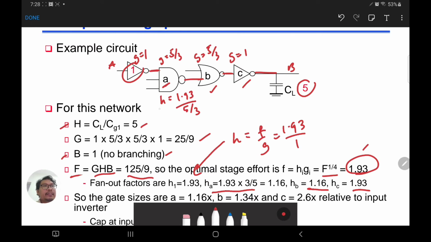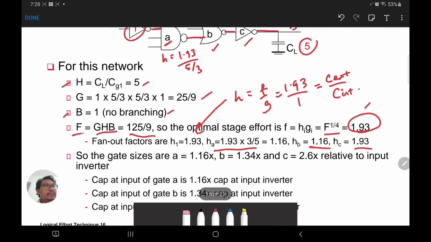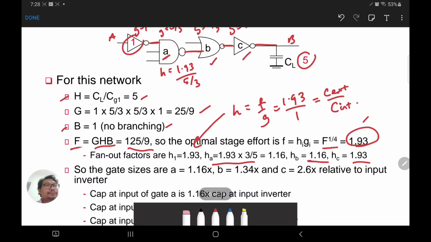H here is actually equal to F over G, but H is also equal to C extrinsic over C intrinsic. So once we calculate the H, if we have H and we have the C extrinsic, we can then find the C intrinsic.